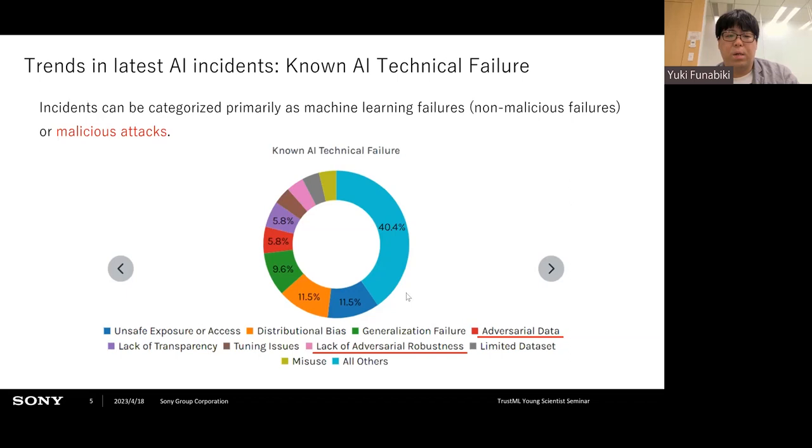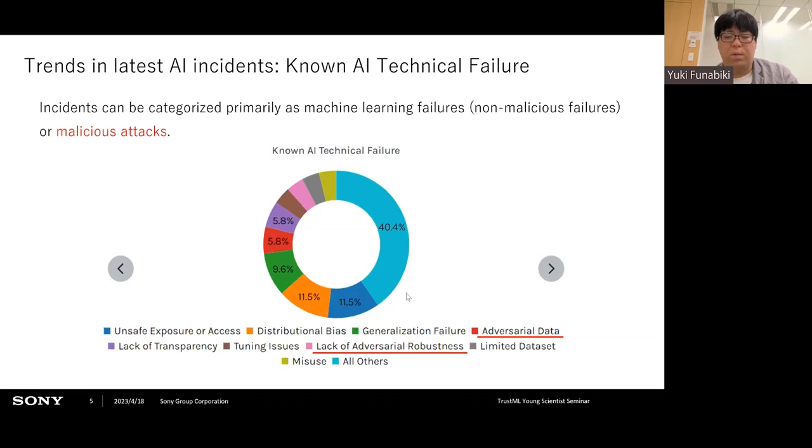On the other hand, we should consider that there are malicious attackers in the real field. In this case, adversarial data and the lack of adversarial robustness are linked to such malicious attackers. Adversarial data means an attacker can prepare malicious data, such as training data.